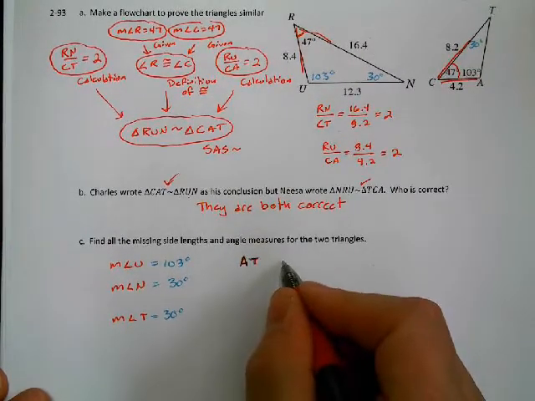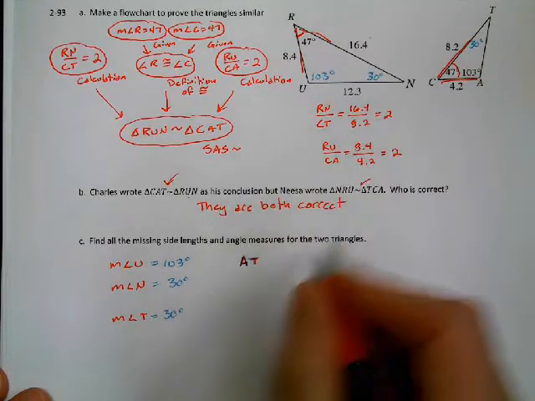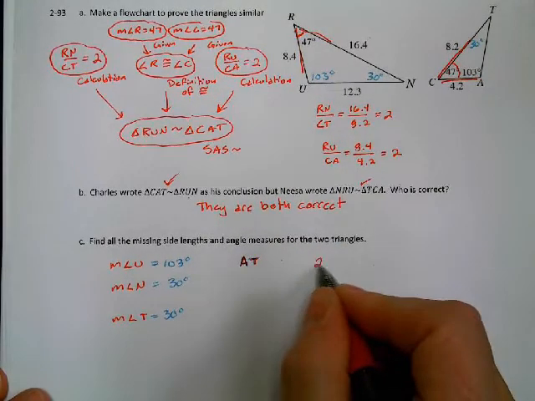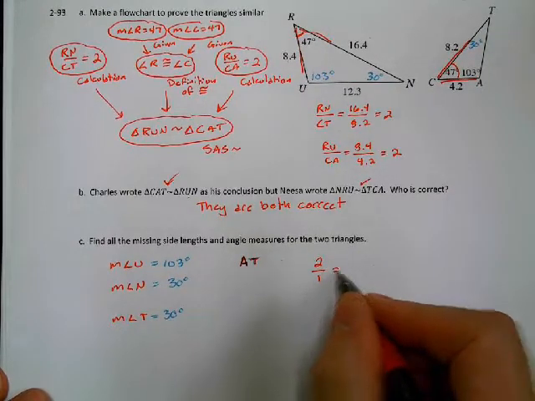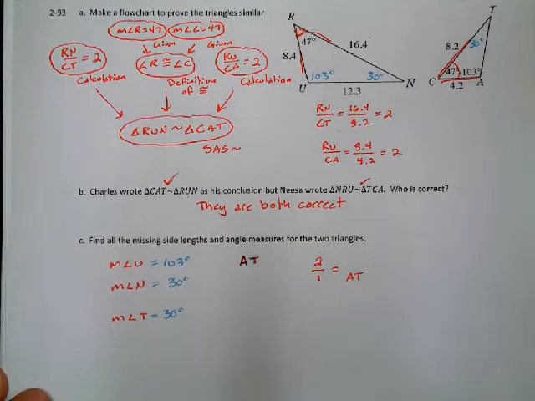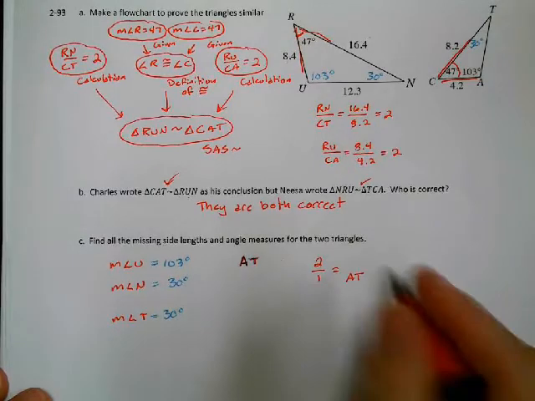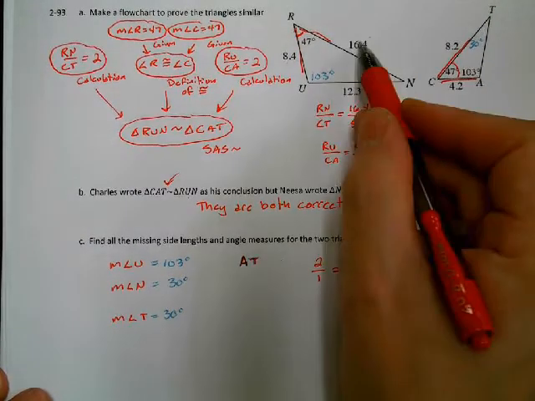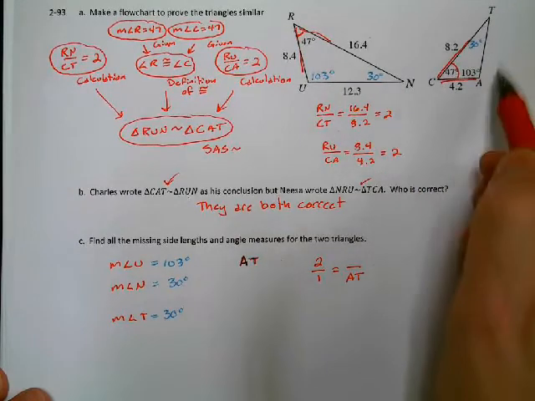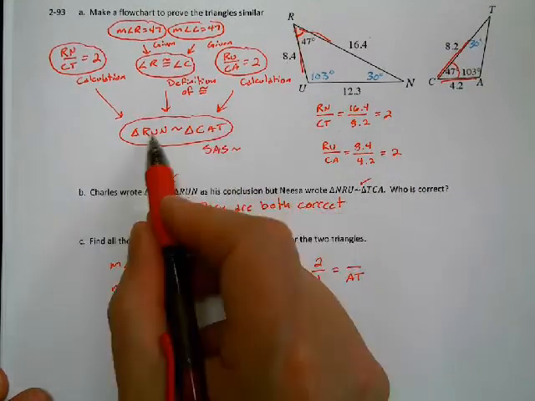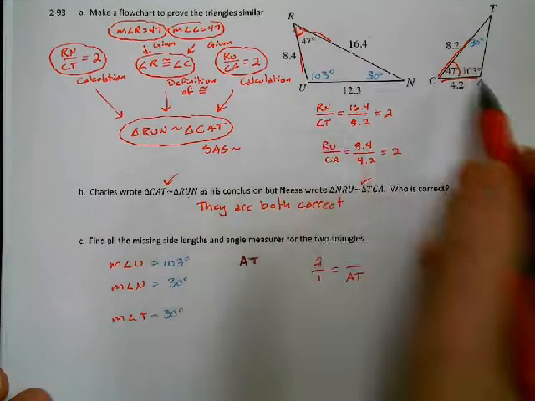Now AT is from the small triangle, and we were putting the small triangle on the bottom. So there's AT on the bottom. On the top, we would put the big triangle, and AT is the last two letters, so it should correspond to UN, the last two letters. So UN would be this bottom here, and that would be 12.3.